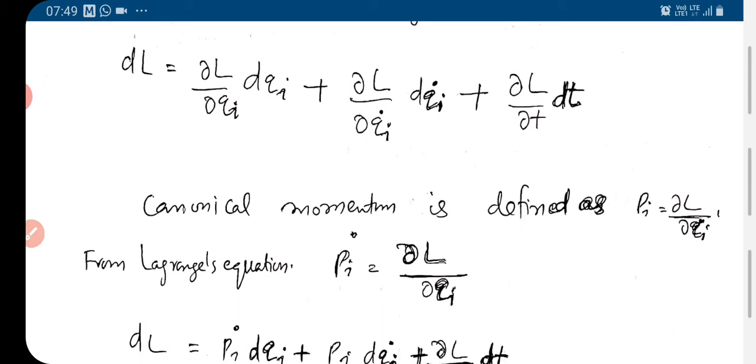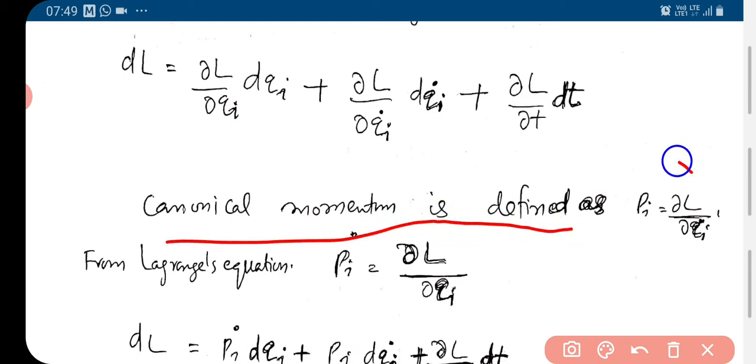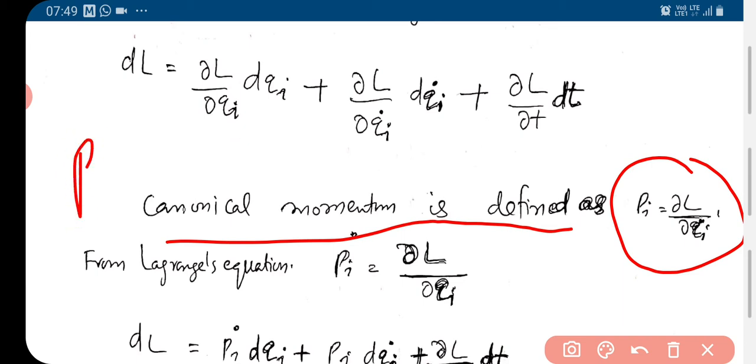We have n variables. Now we define the canonical momentum pi as equal to ∂L/∂qi dot. Okay, the pi is the canonical momentum. We define it like this.